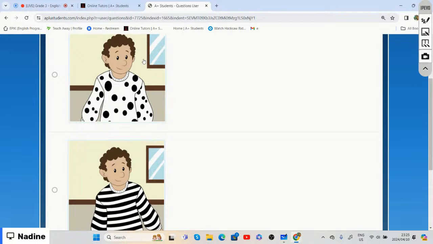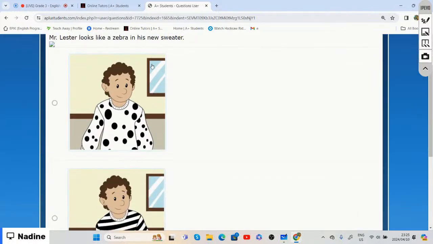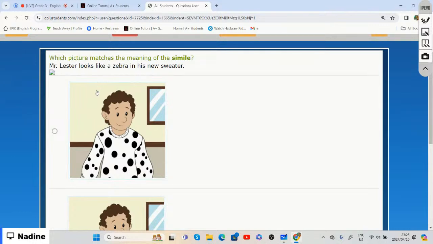All right, yes. If we look at what a zebra has, the zebra has stripes, white and black stripes. So if you're comparing somebody to a zebra in a new sweater, then we cannot compare the stripes of the zebra to something that is polka dot, right?